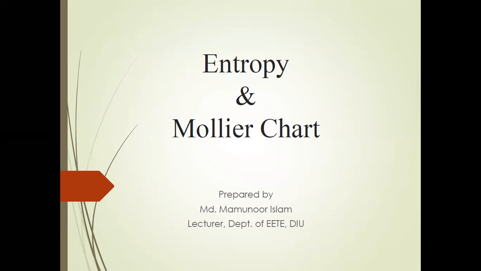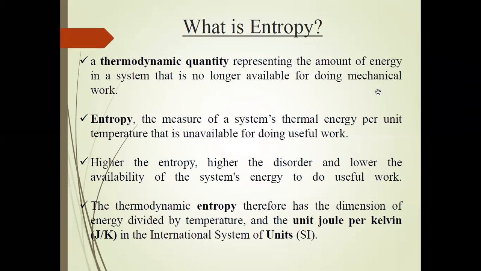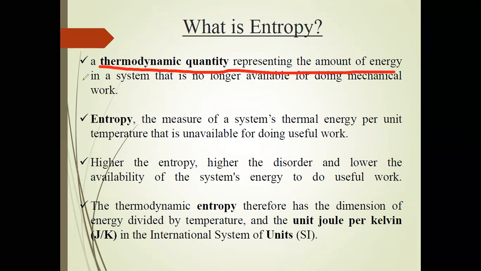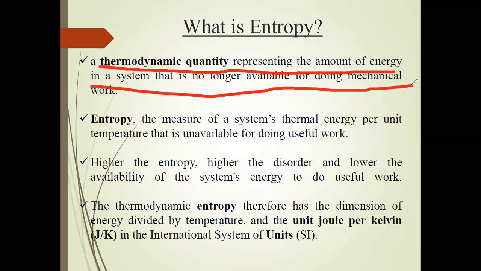That means per degree Kelvin of temperature difference, the amount of heat is called entropy, and it is also known as the disorder of the universe. Here are some basic lines I have taken from the internet: it is a thermodynamic quantity representing the amount of energy in a system that is no longer available for doing mechanical work. That means it is not used for any kind of mechanical work. It just increases the temperature, that's it.